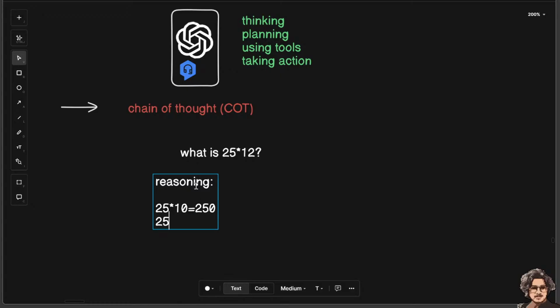Then it will think 25 into 2, so this means 50. Then we find the total, the addition of these, so it becomes 300. So this is known as chain of thought, like a tree-based thing.